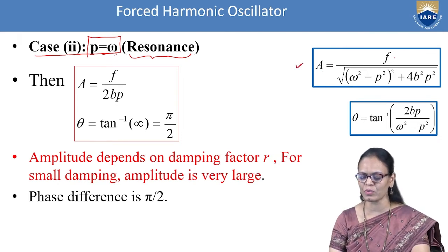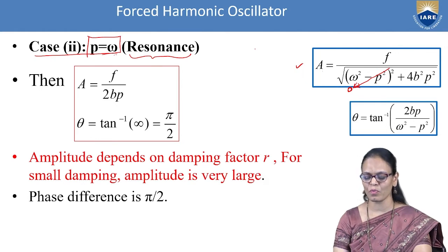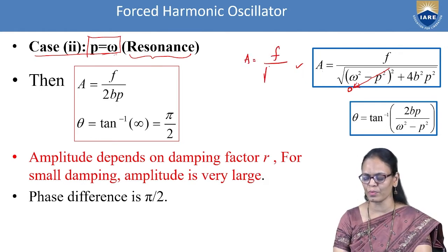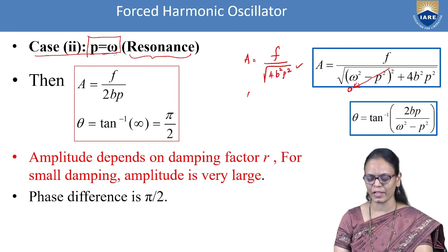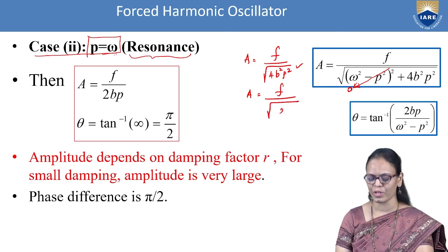A is equal to F upon under root (omega square minus p square) whole square plus 4b square p square. So when omega is equal to p, this whole term, omega square minus p square, will give us 0. This gets cancelled. So what we have here is A is equal to F upon root 4b square p square. So I can as well write it as F upon under root (2bp) whole square.